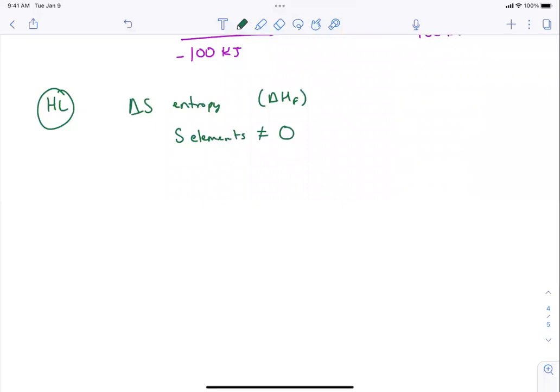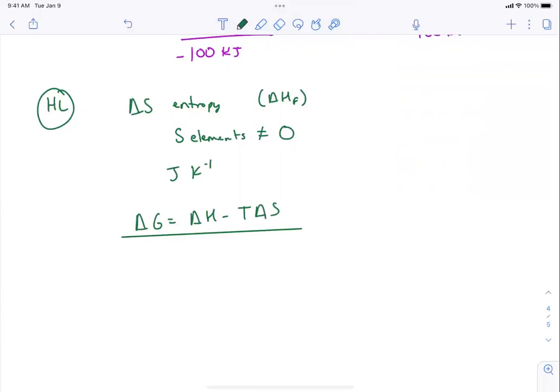But the problem is that delta S is in joules per Kelvin. And they do that intentionally because the next problem they do is solve for delta G. And you're using this equation here, delta G is equal to delta H minus T delta S.